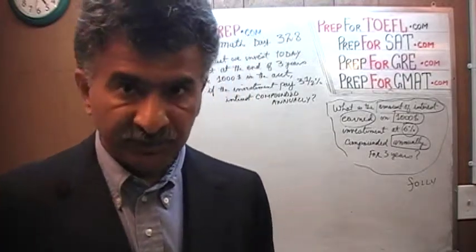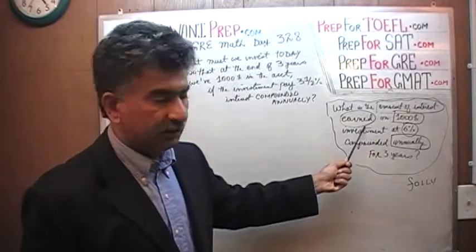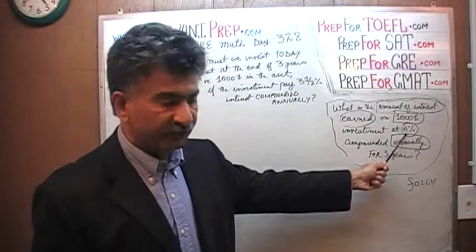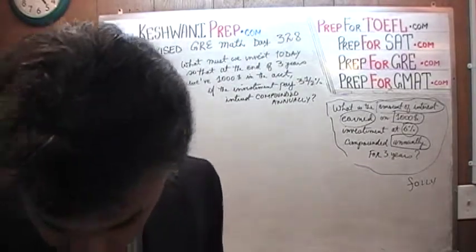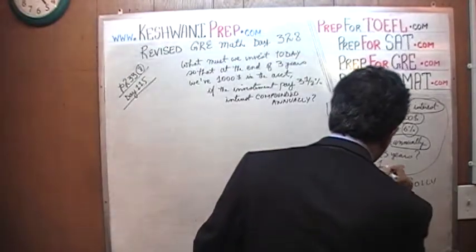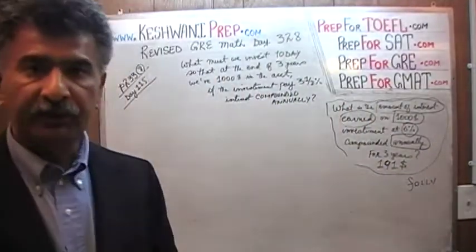So in yesterday's problem, the question was, what is the amount of interest that we're going to earn on a $1,000 investment that we're going to make today if it pays 6% and it's going to be compounded annually for 3 years. And what we found yesterday is that we earned $191 in interest.